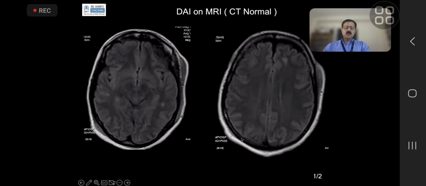Nobody does an MR just for the sake of it, but sometimes it is done as a prognostic criterion. The patient is not responding. You do an MR, and on MR, non-hemorrhagic diffuse axonal injury will be better seen on fluid-sensitive sequences, maybe FLAIR, T2, whatever.